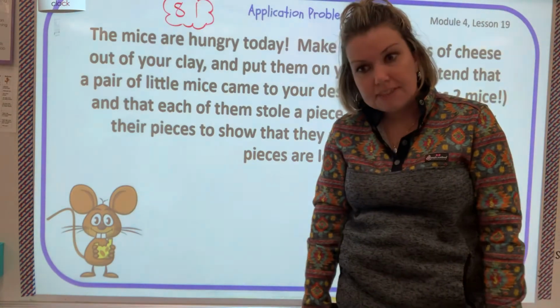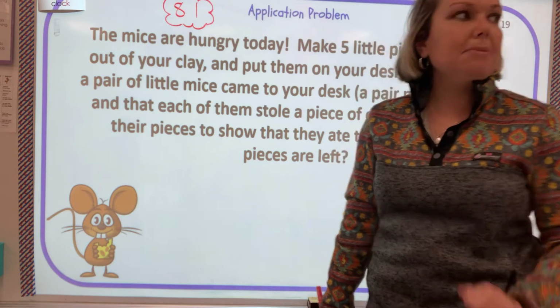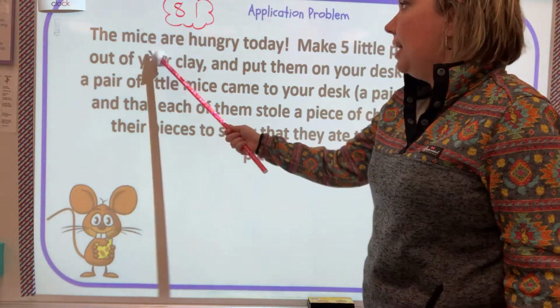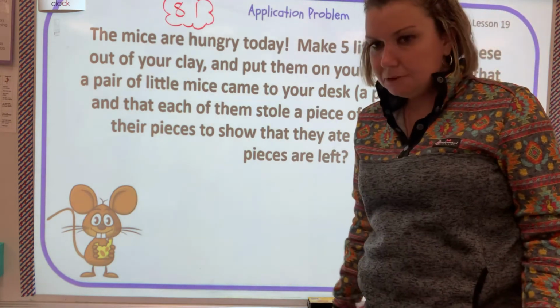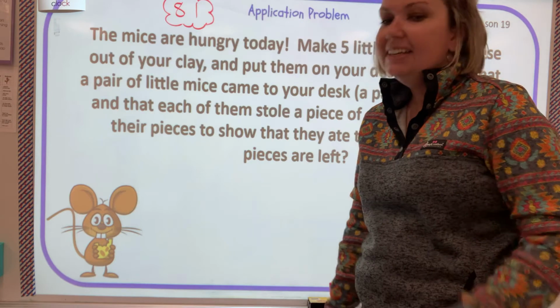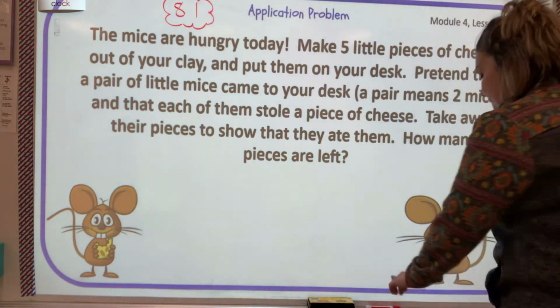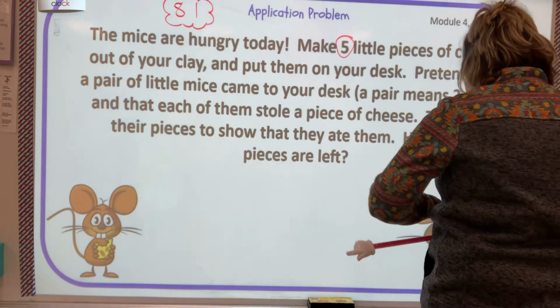Whew, that was a lot of information and a new vocabulary word. So I'm going to take this one sentence at a time. The mice are hungry today. Did that tell me any information I need to know? It just lets me know that the mice are hungry. Make 5 little pieces of cheese.